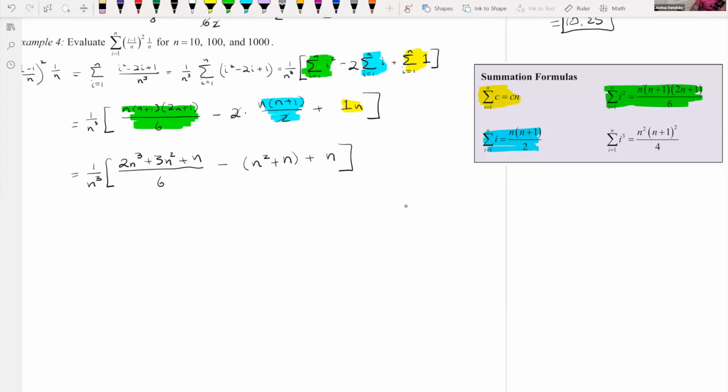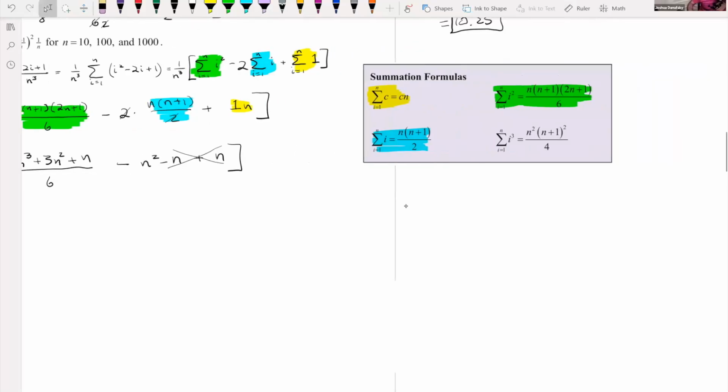At this point, we probably want to think about making common denominators. Let's actually go ahead, let me come back here for a moment. Let's go ahead and distribute the negative and see what we get. So I think that's going to give us a negative n squared and a negative n there, like that. And of course, these n's in back will cancel off. So now we can write this as, actually, let me write it over here.